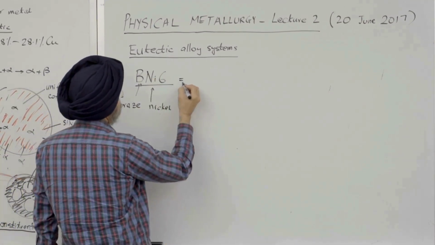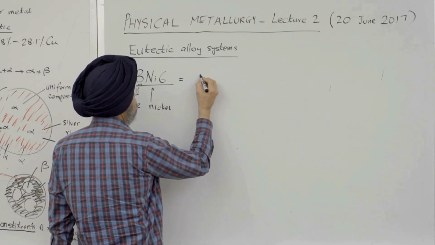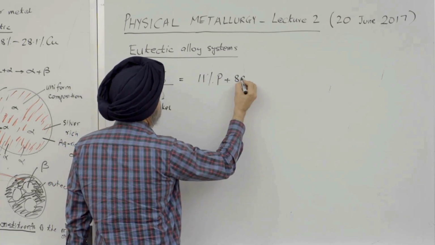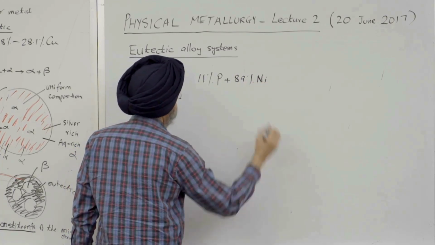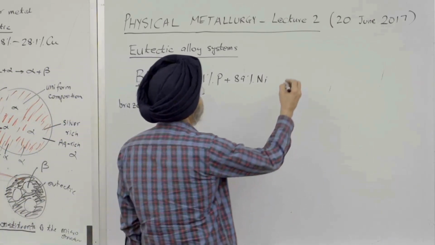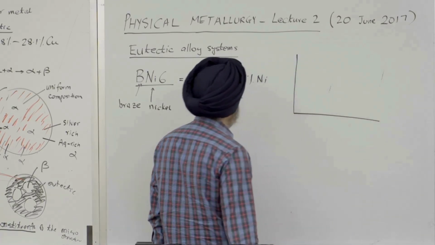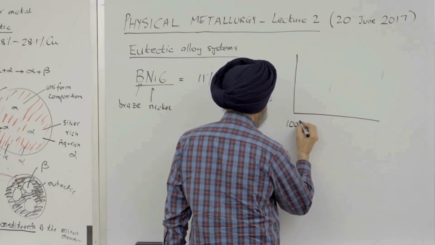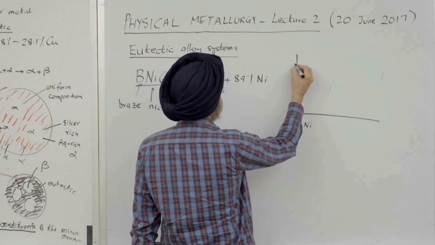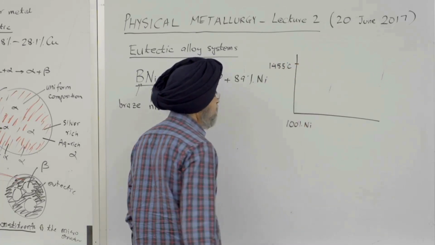So this composition is, let's see, 11% phosphorus plus 89% nickel. So this is also a eutectic alloy. So let's draw the phase diagram for this one. So this is 100% nickel, and the melting point of nickel is 1455 degrees C, right?